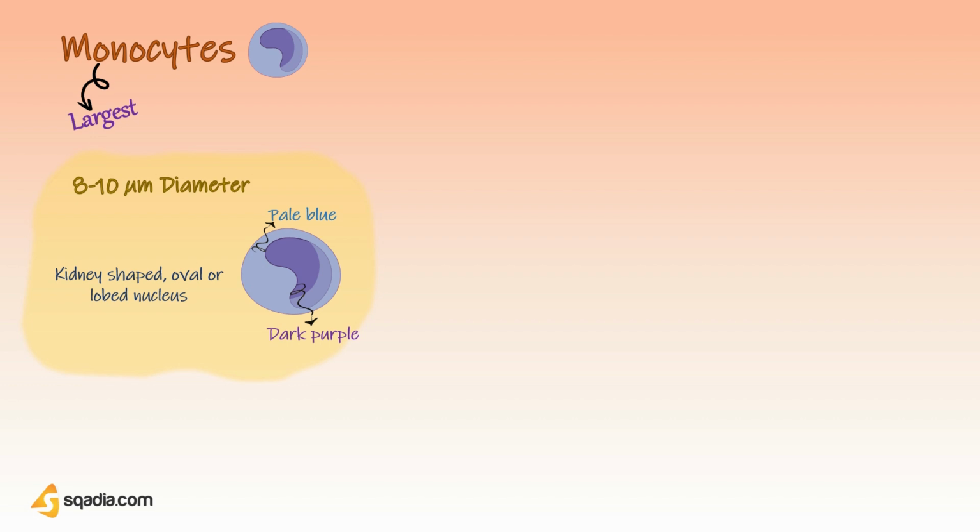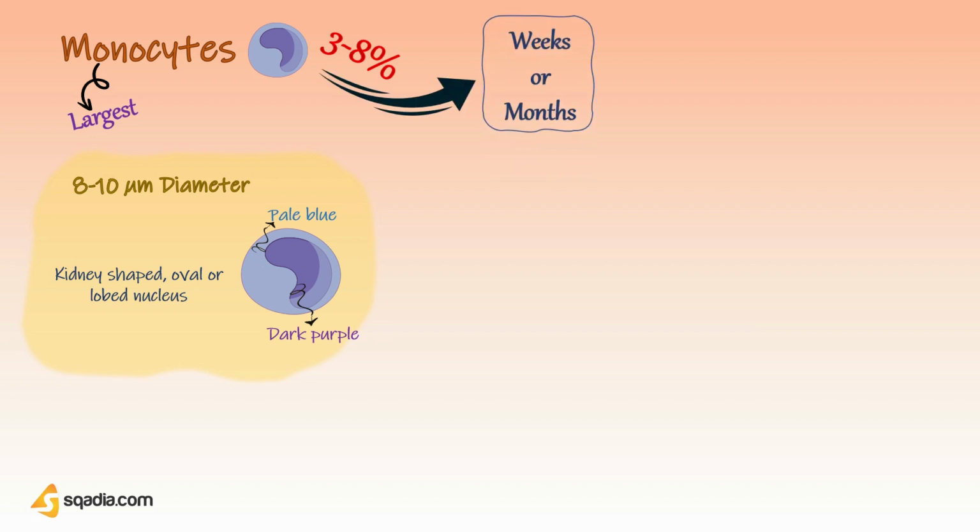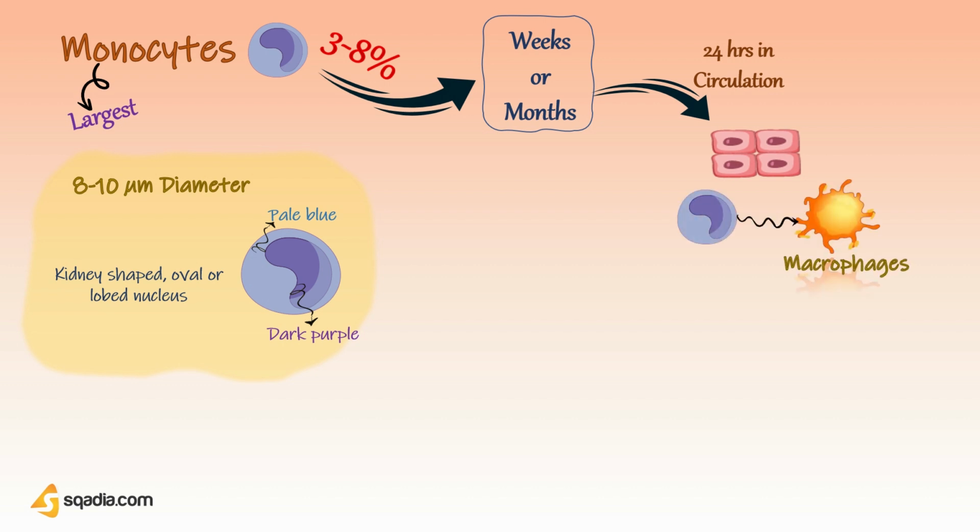Monocytes usually make up 3% to 8% of circulating leukocytes and live for either weeks or months. A single monocyte remains in the circulation for only about 24 hours before it enters the peripheral tissues. There it becomes a tissue macrophage.